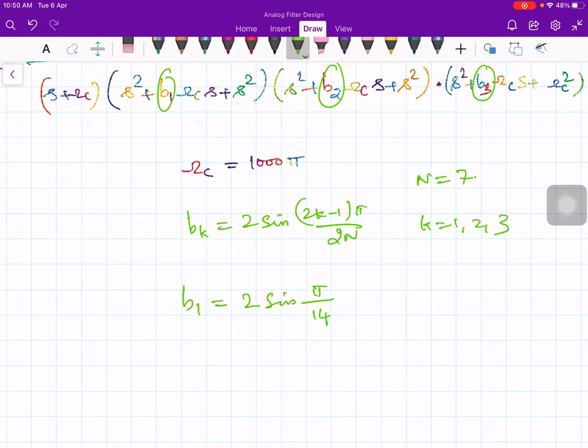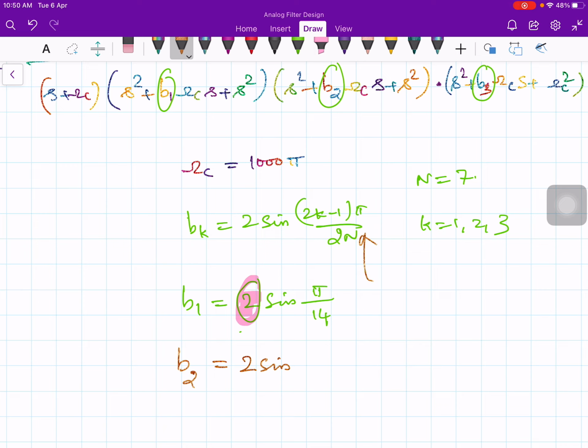Okay, so while calculating this bk, don't forget this factor 2. Sometimes people will forget this. Okay, 2 we should not forget. Then b2 would be twice sine of, again no need to go to this formula.